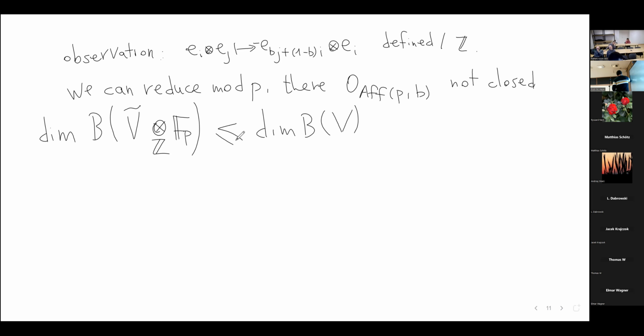And this by itself was bigger than what I get for the smaller orbit on the boundary. So for the smaller orbit on the boundary I get an infinite dimensional Nichols algebra, then this is infinite dimensional, and this is infinite dimensional. I should say that here the dimension is over C, and here the dimension is over the field with P elements, F_P. But nevertheless, dimension is just a number, so it makes sense to compare it between the two.